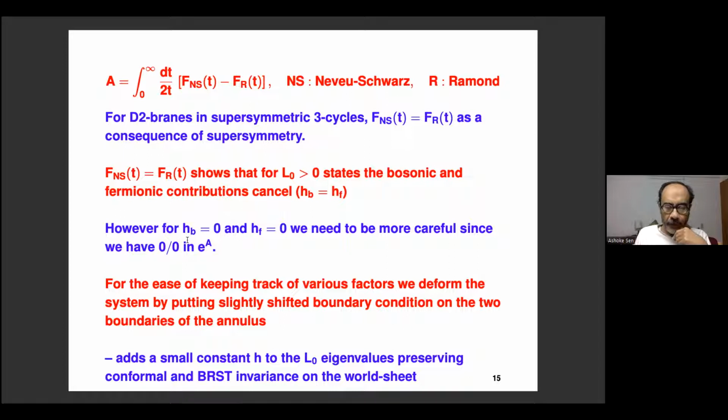So we have to focus our attention on the h_b equal to 0 or h_f equal to 0 states, the states for which the L0 eigenvalues vanish. Because here, even though it looks like 0 minus 0 in the exponent, in terms of the actual contribution to A, it's really 0 by 0. And that's ambiguous, and you have to understand what that means.